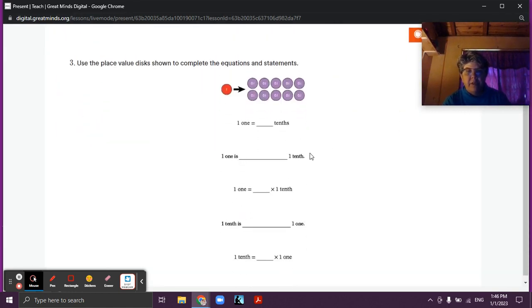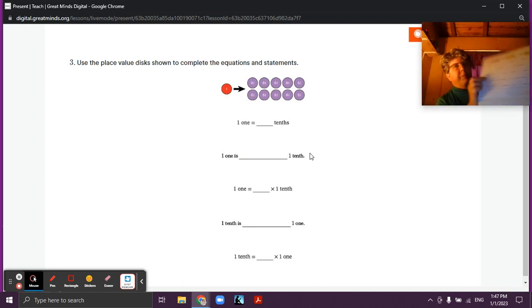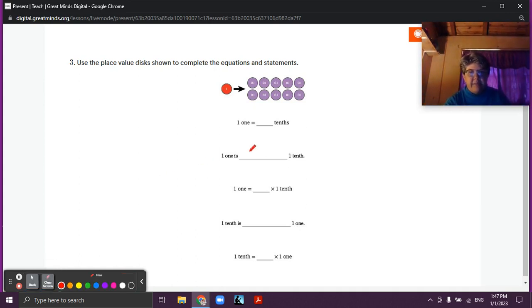So right here is what you have in your book. Number 3, yours looks a little bit different, but this is the first column on the page, the purple one over here. Okay, so 1 makes 10 tenths. Yeah, and 1 is blank 1/10. So 1 is 10 times as much as.